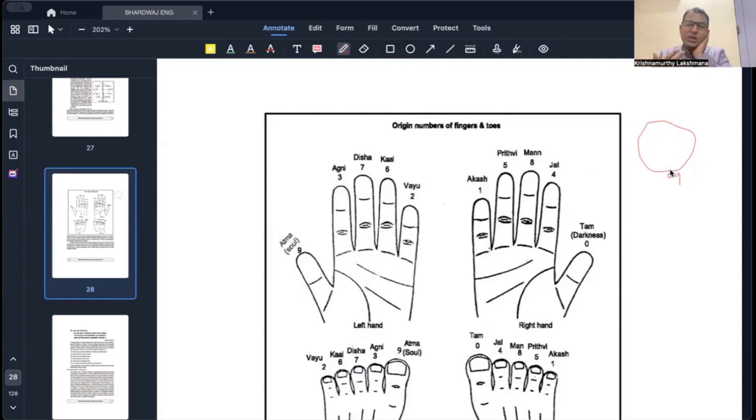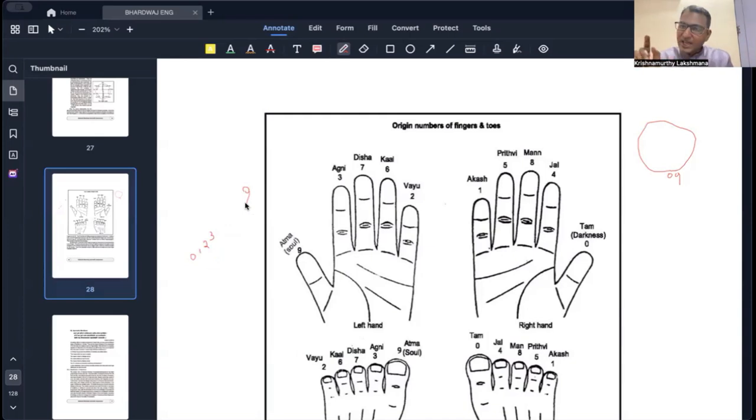Now, how do we allocate it to the fingers? The numbers are like 0, and 1 is slightly bigger than 0, and 2 is slightly bigger than 1. 3 is slightly bigger than 2, and so on up to 9.